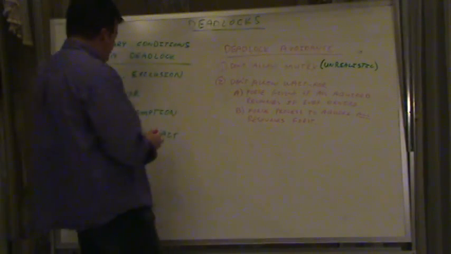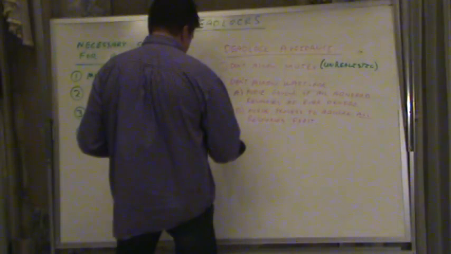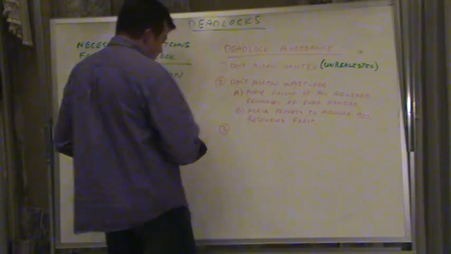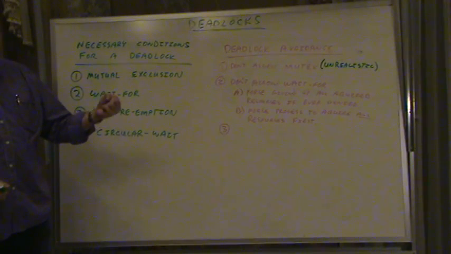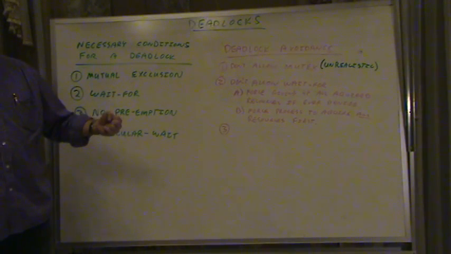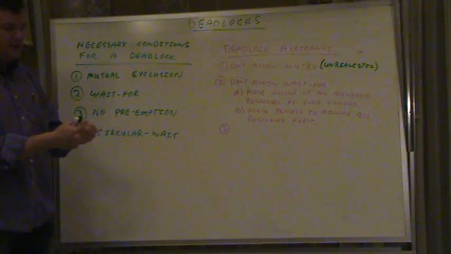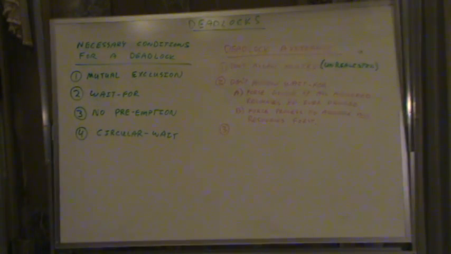Okay, what if we wanted to deny the no preemption rule? So no preemption means if you have a resource and you're hanging on to it and waiting, the operating system cannot come in and force you to free it up.